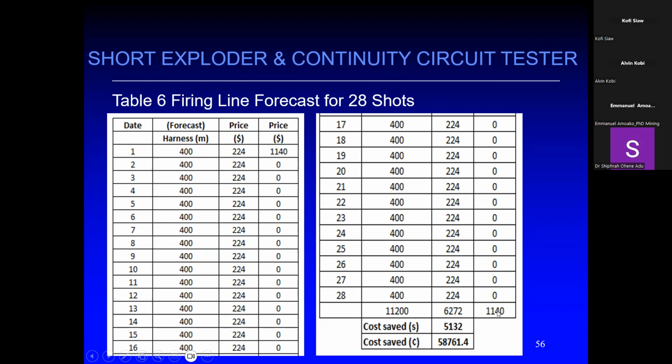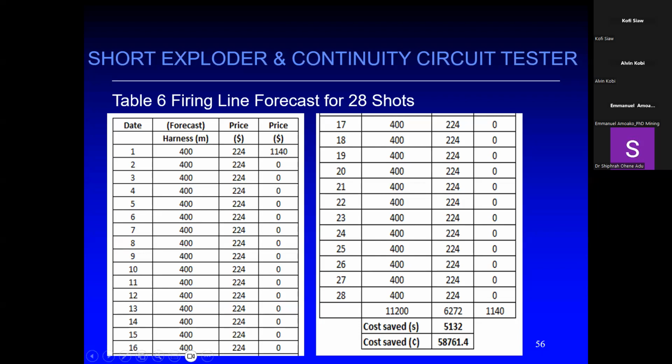Now, if we use the 4-core power cable that we recommended, you can see that this is the cost that was incurred over here. Okay. So now when you take the difference, you can see the cost that is saved. So in effect, we have saved about $5,132 for the company. Now, in terms of cedis, this is the amount that is given over here, which is about 58,000 Ghana cedis.